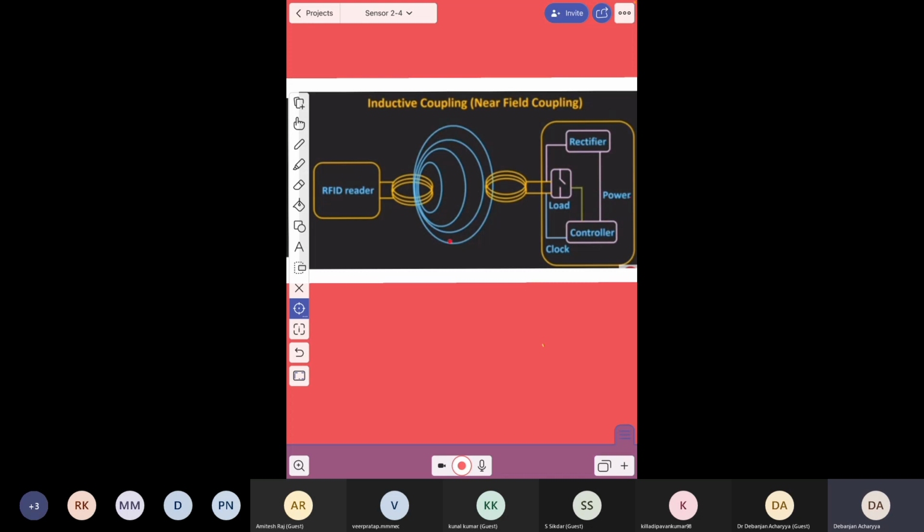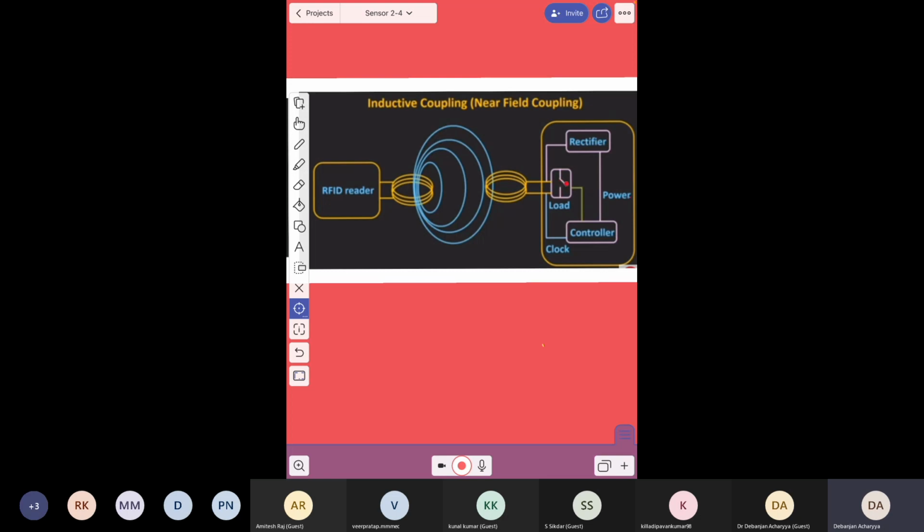And as I told you, the radio waves have a frequency, so the generated voltage is also in the same phase with this frequency, and that's how the clock will be synchronized. And now, as the voltage is generated, if you apply a voltage to this load, that means, as I told you, the load means there is an object or not. So if the load is there, for example, if the circuit is closed, that means there will be current.